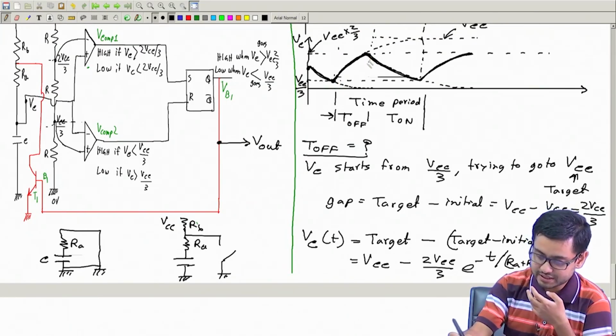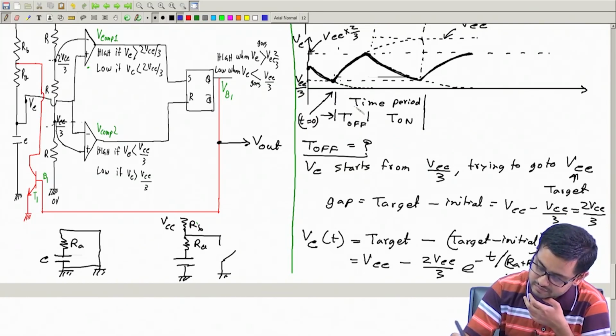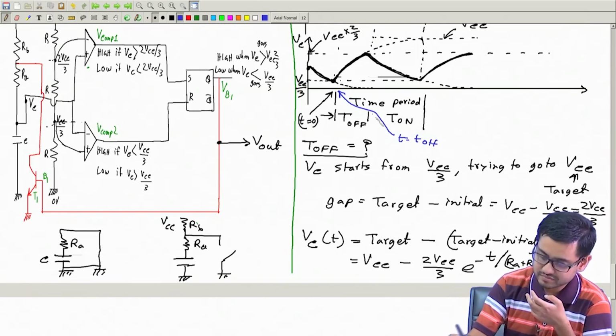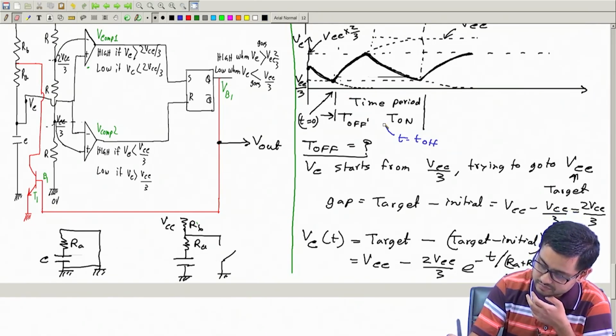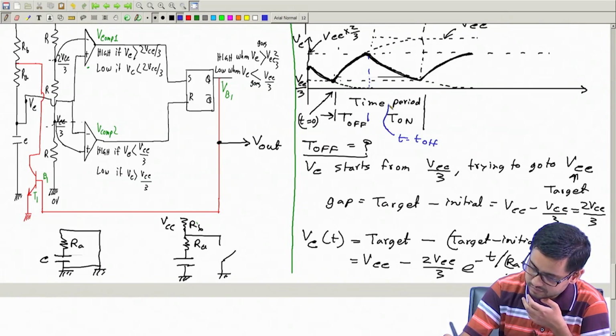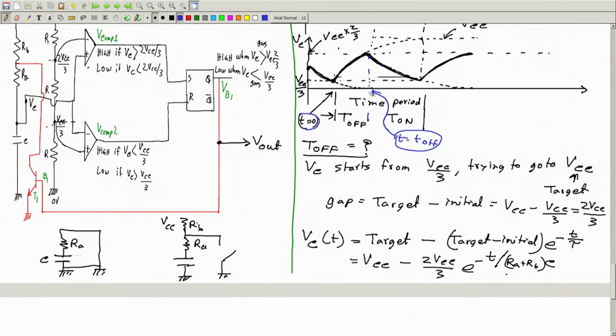If this is t equal to 0, and this is t equal to T off, then this is the time required for the capacitor voltage to go from 1/3 VCC to 2/3 VCC.